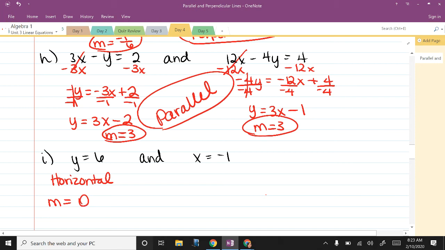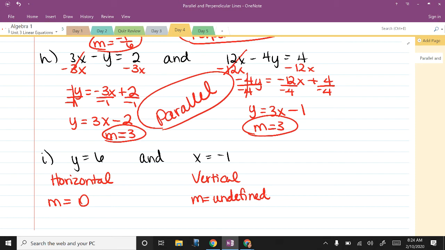What kind of line is x equals negative 1? Vertical. What's the slope of a vertical line? Undefined. Where is a horizontal and a vertical line going to be parallel to each other? No, they're going to be perpendicular. Very good.